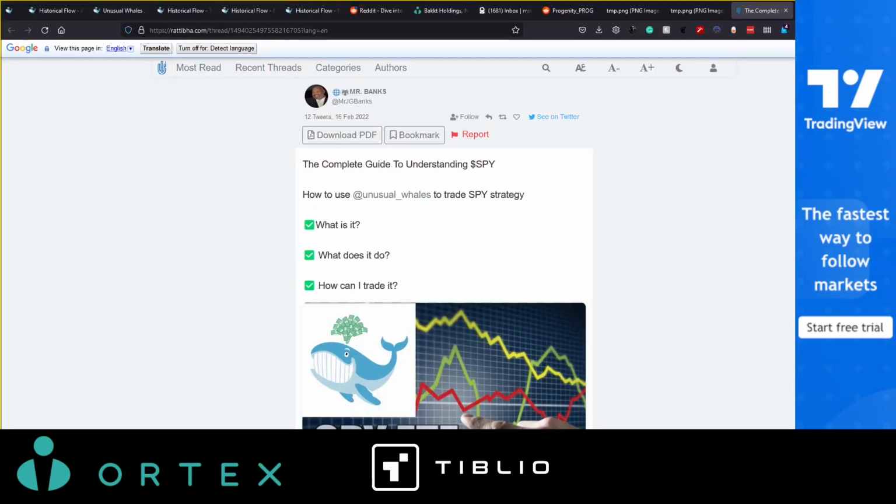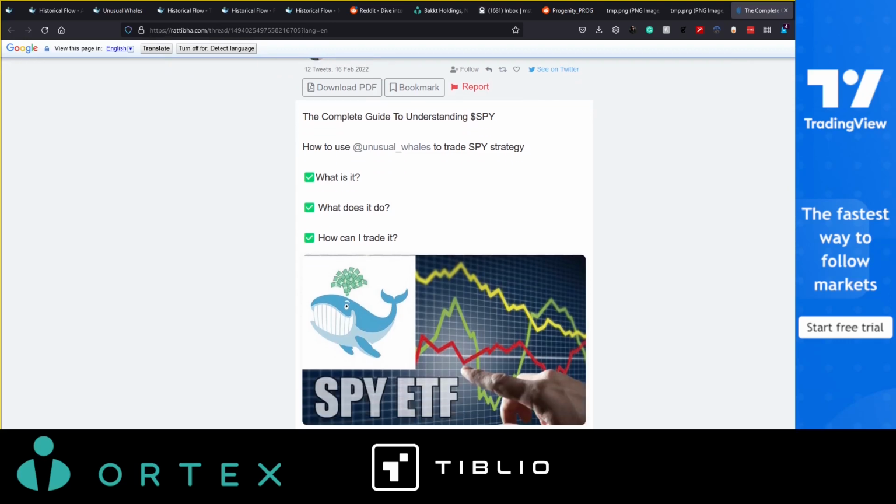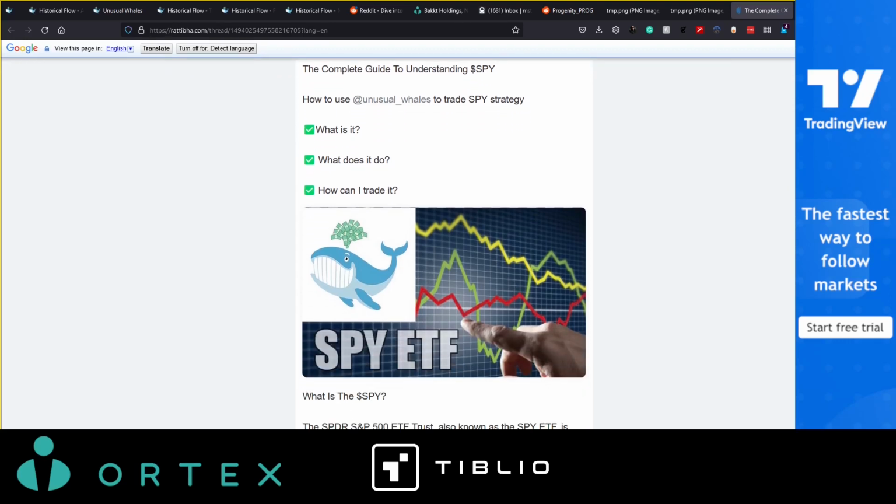So as I said, this was a method created by Mr. Banks, and he posted this on Twitter, so I just figured I'd read it straight from the horse's mouth and show you exactly what his method is. So he uses Unusual Whales, and so do I, but there's probably traders out there that may not have Unusual Whales or haven't tried it yet, or haven't quite figured out how to use it.